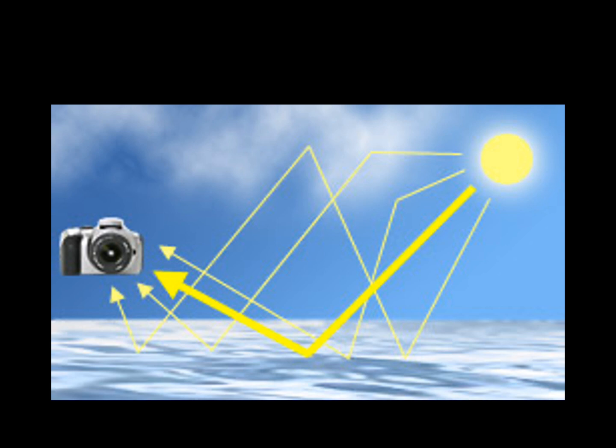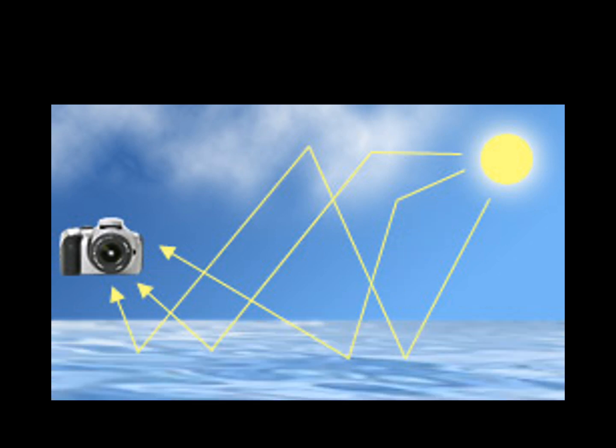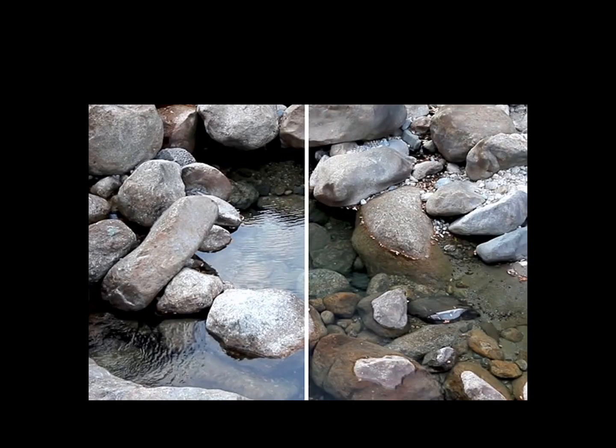But if you use it to cut out specular reflection, we take the thicker yellow line as being the specular reflection that we want to cut out, and the polarizing filter will have that effect. So what it will do in practice, if you're photographing something with reflection, like water, where you're getting a lot of light being reflected off the surface, the polarizing filter will cut through that and allow you to see to the bottom of the water.